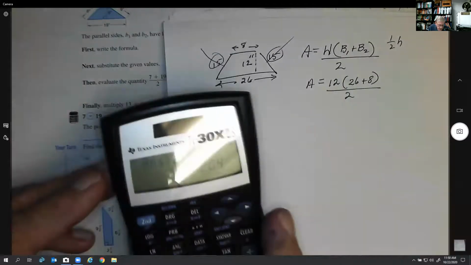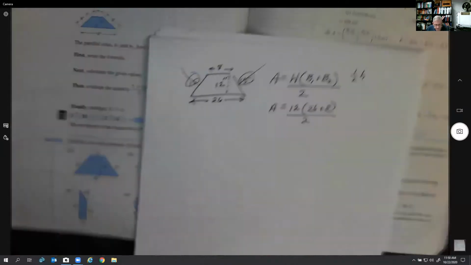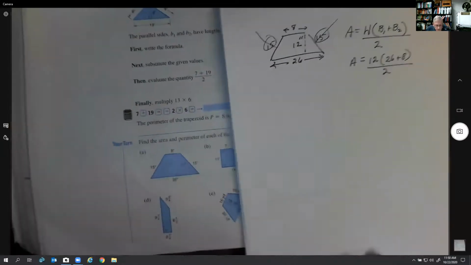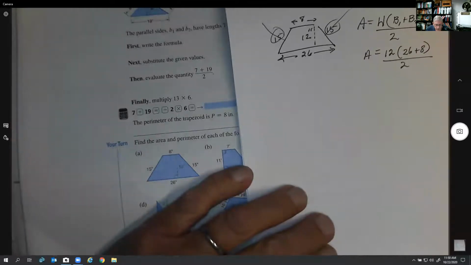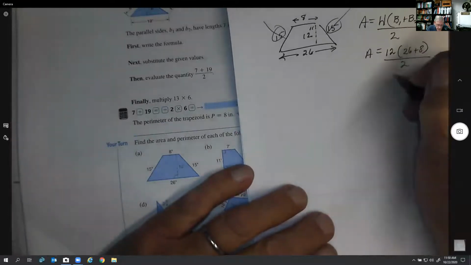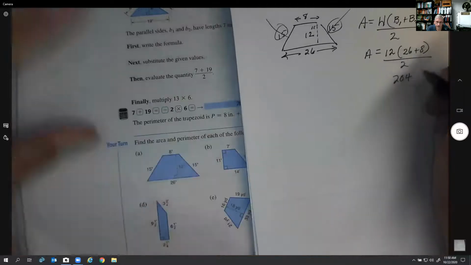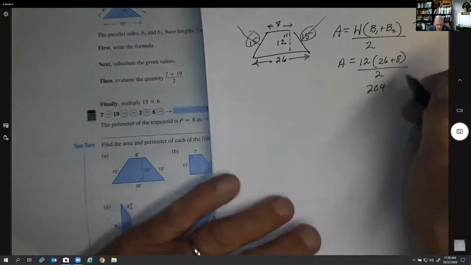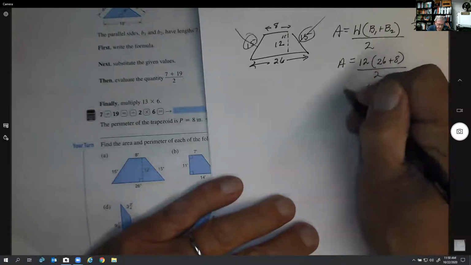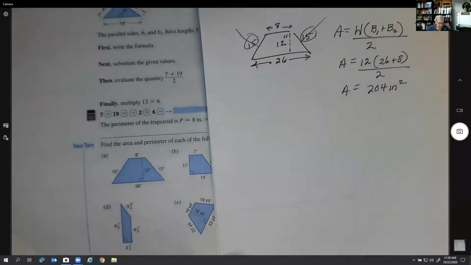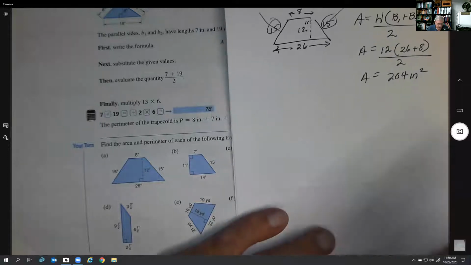And I get 204. Sorry about that, gotta knock that over. 204 inches squared. I want to label the drawing. Okay, let's look at this next one.